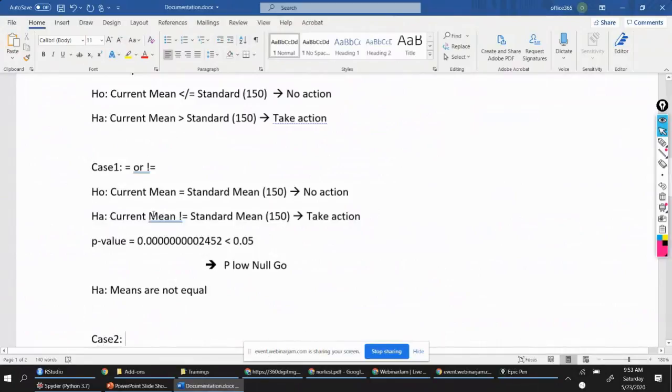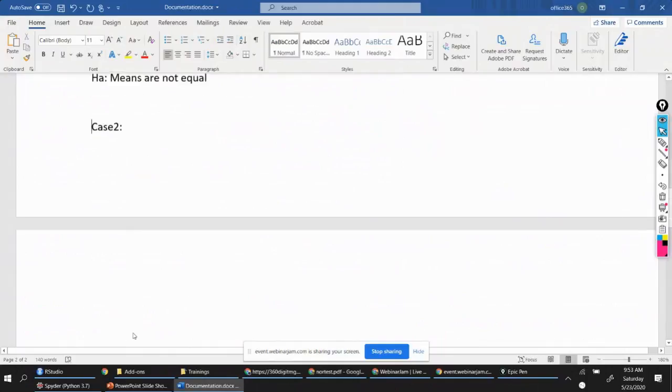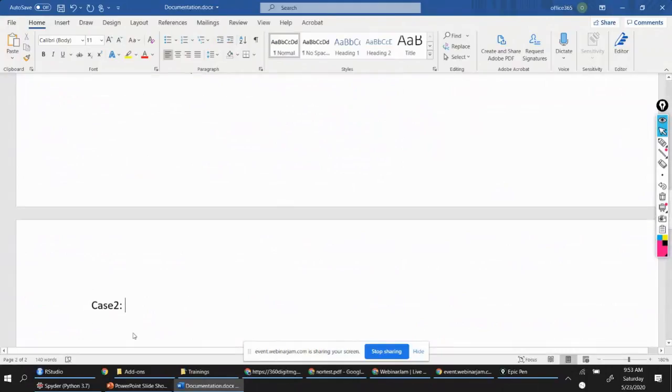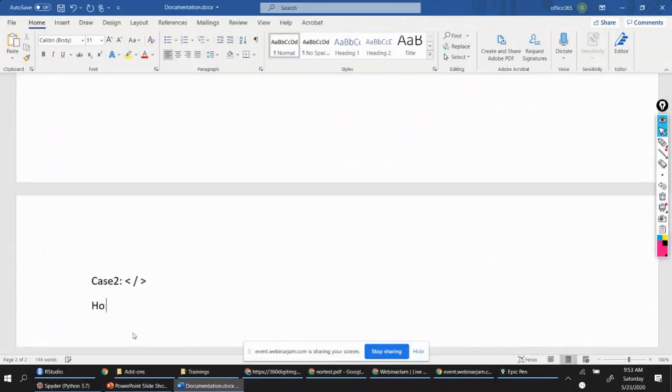We need to understand which is greater. Right? Case 2, which is greater. Whether it is less than or greater than. So null hypothesis, no action condition. Say if the current mean is less than the standard mean, then we take no action.